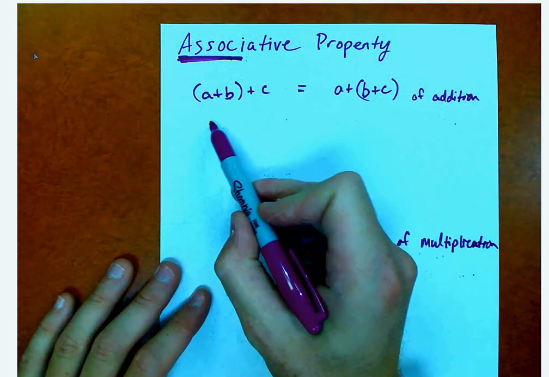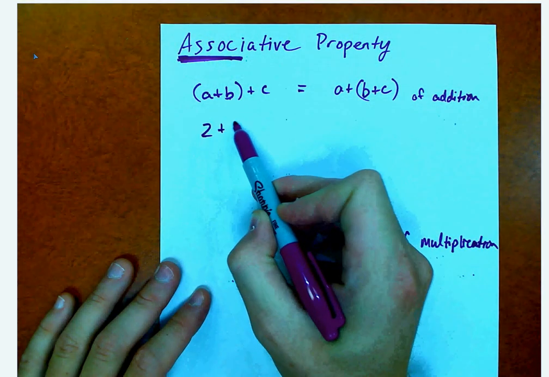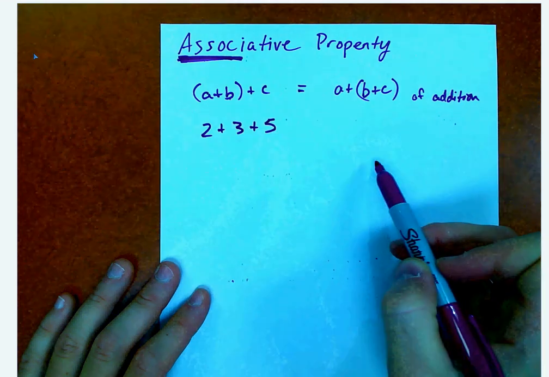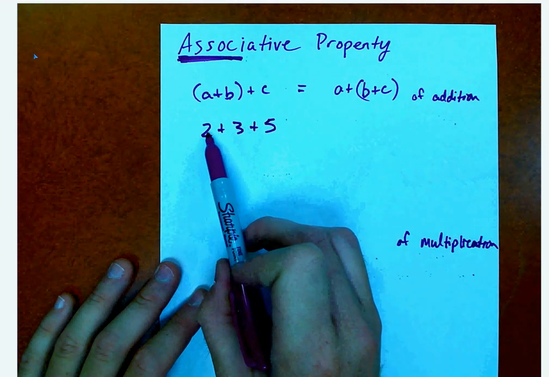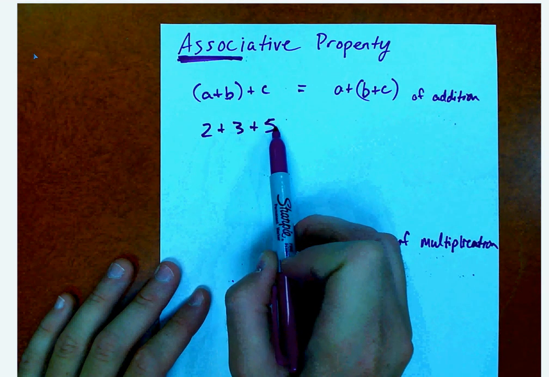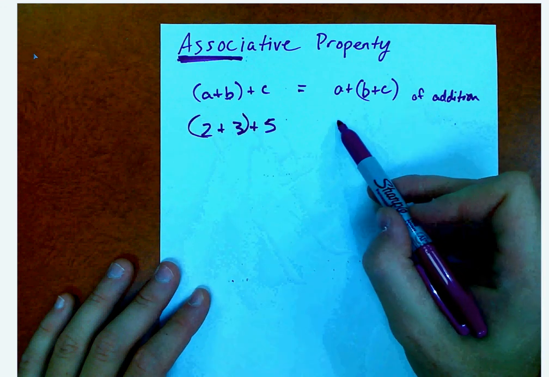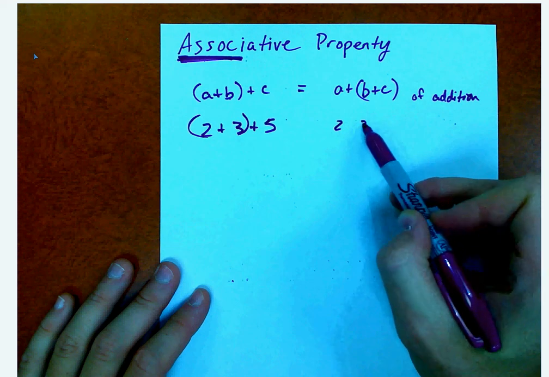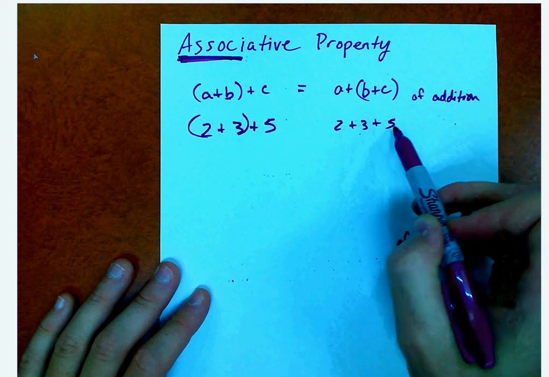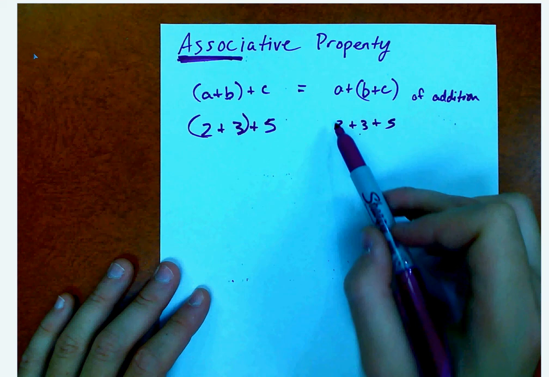For instance, if I have 2 plus 3 plus 5, does it matter whether I add 2 to 3 and then add 5? Or could I add 3 to 5 and then add 2 to it?